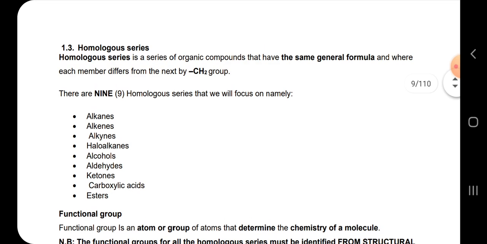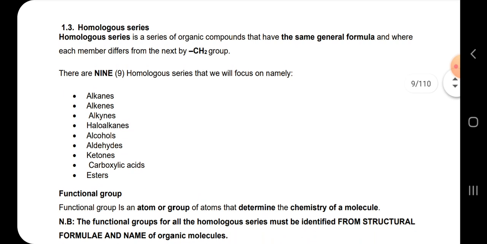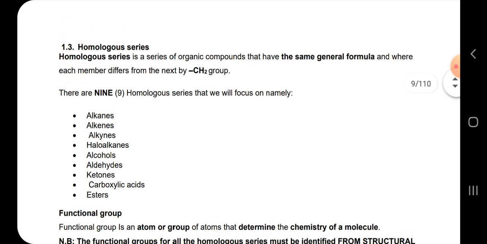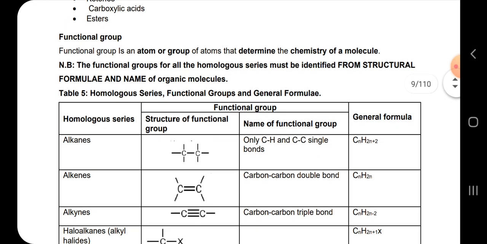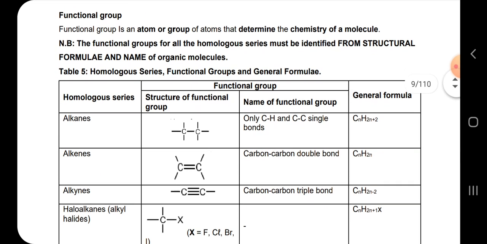These are the homologous series that we have dealt with. Now we are going to show you how you know an alkane, an alkene, an alkyne, haloalkanes, alcohols, aldehydes, ketones, carboxylic acids, and esters. We identify them by their functional group.